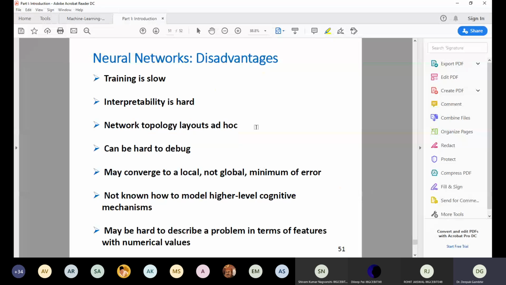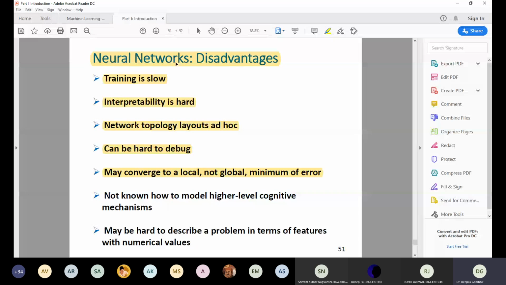Some of the disadvantages of the neural networks are: the training is slow, the interpretability is hard, and the neural network topology layout is ad hoc, meaning it is not at one particular point, it may be presented at different points. It can be hard to debug, and it may converge to a local, not global, minimum error.